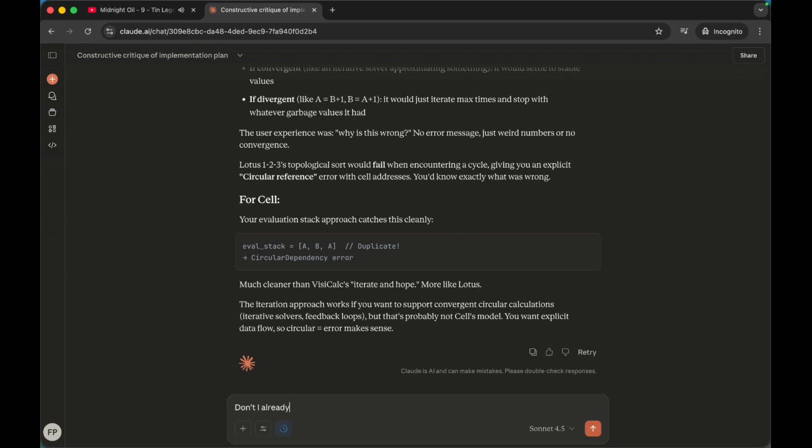Don't I already have topological order if I track dependencies? What would the sorting be?